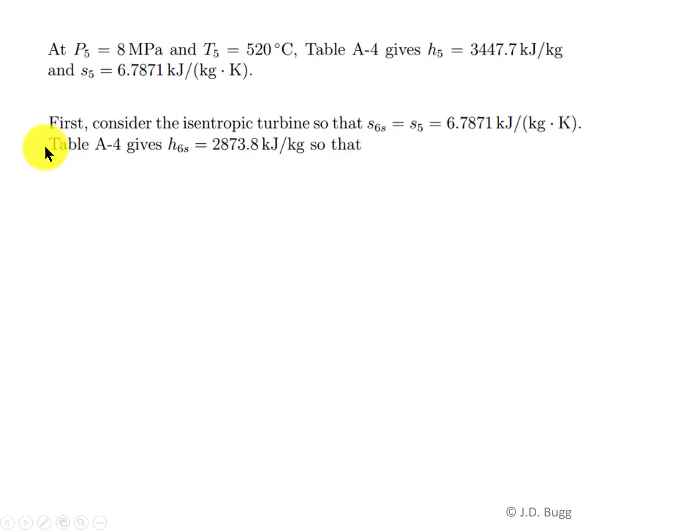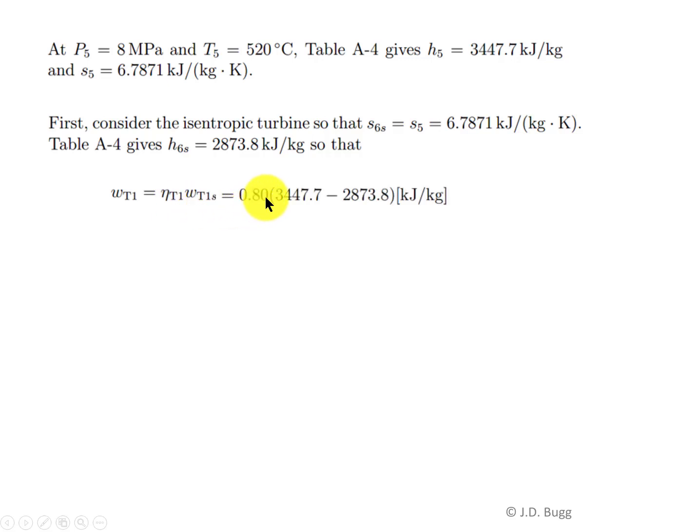So we go to table A4 now with that entropy and with the pressure there, which is 1 megapascal, and we get an enthalpy of 2873.8 kilojoules per kilogram. So we can go back and calculate the work of the turbine. Notice what we're doing here is I'm going to calculate the real work of the turbine by calculating its isentropic value and multiplying by the efficiency of the turbine.